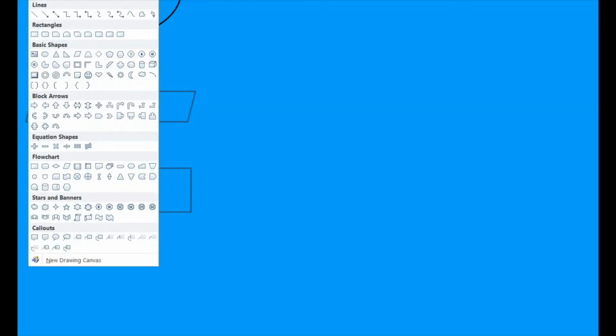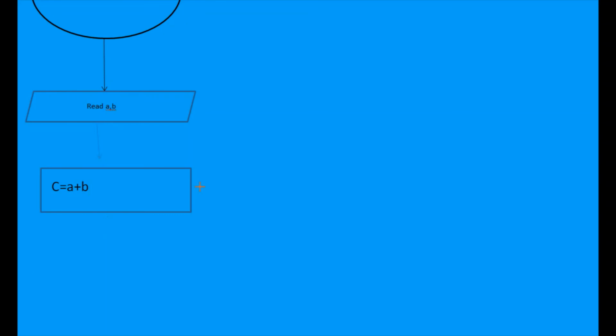So C equals A plus B. So again in the next outline you are going towards. I have no space here below, so I will just move it this way. Doesn't matter. And now here I will just display the result.